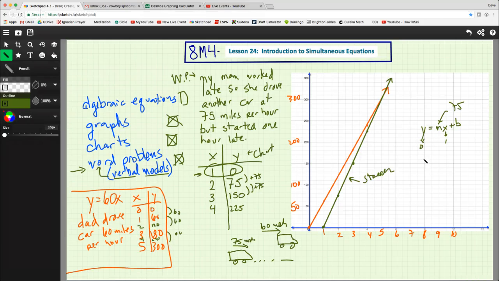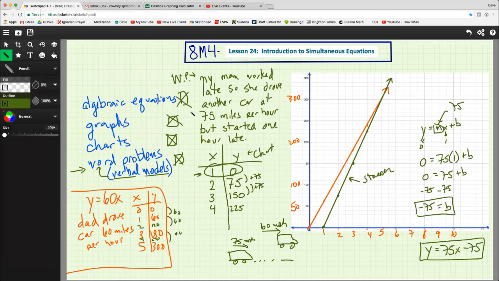So 0 equals 75 times 1 plus b. So 0 equals 75 plus b. Subtracting 75 from both sides, we get b equals minus 75. So our equation is y equals 75x minus 75. And I did that just for completeness and to remind you that we can't forget how to do these types of calculations going forward.